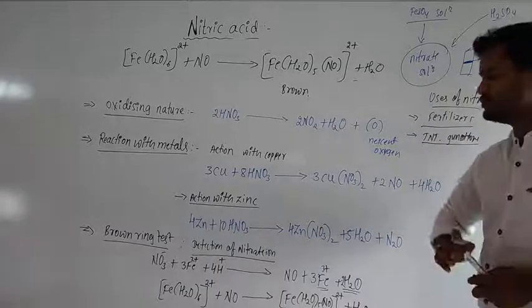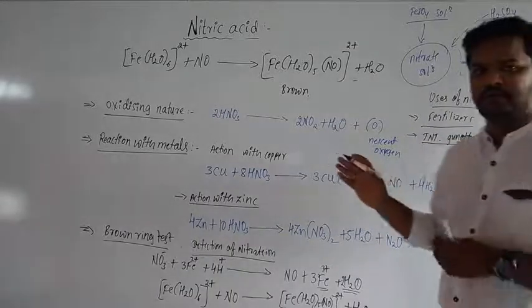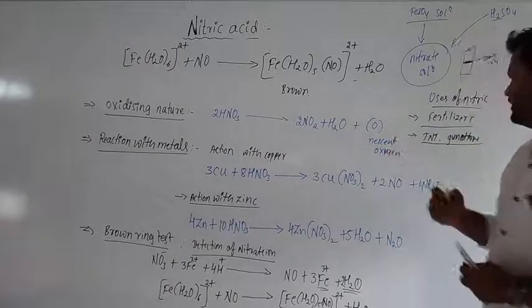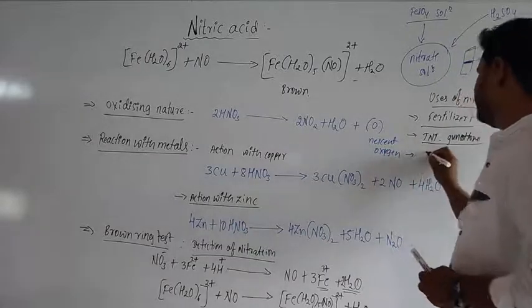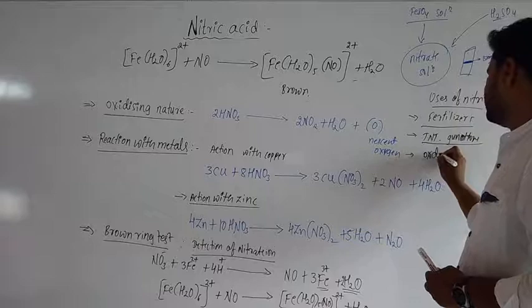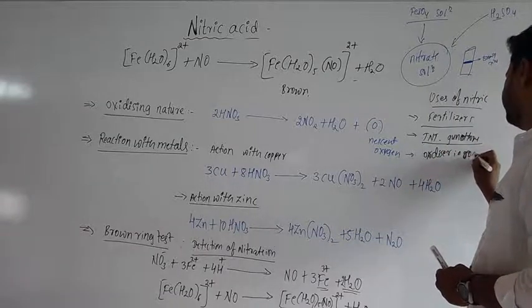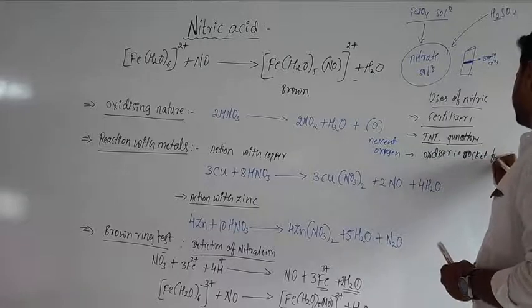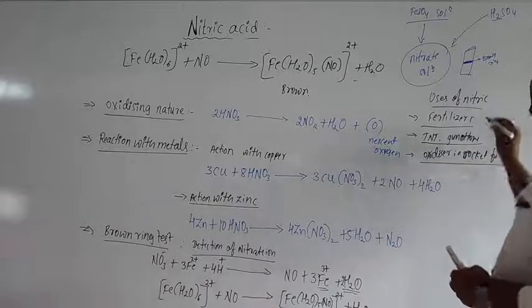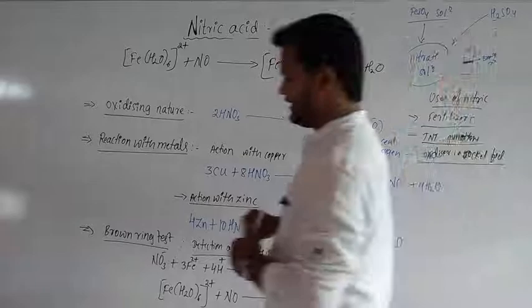Nitric acid is used in the preparation of explosives like TNT and gun cotton, as well as an oxidizer in rocket fuel. So these are the uses of nitric acid.